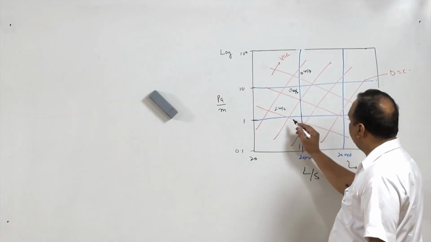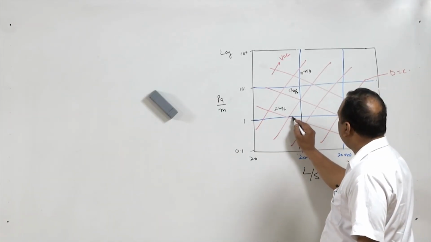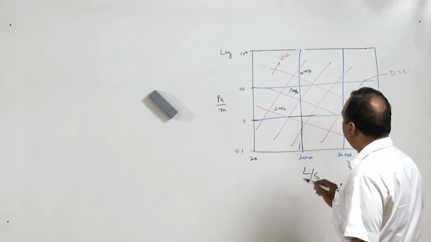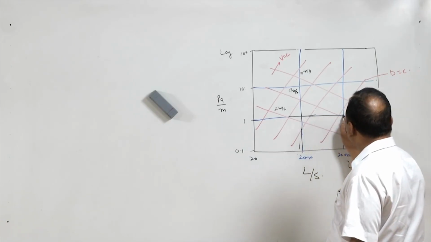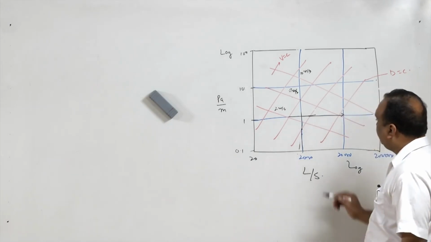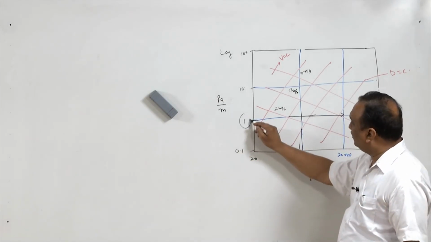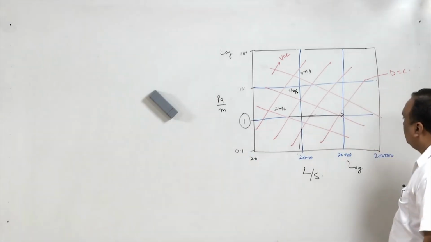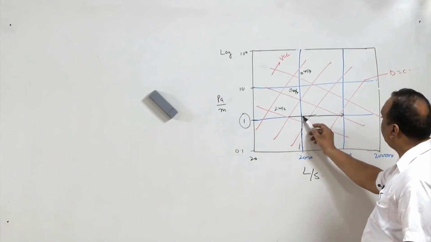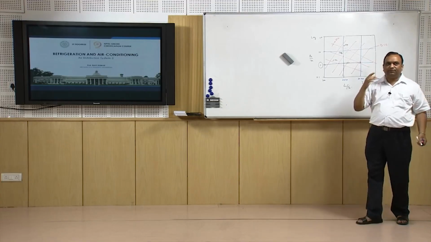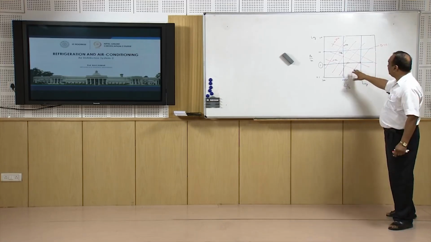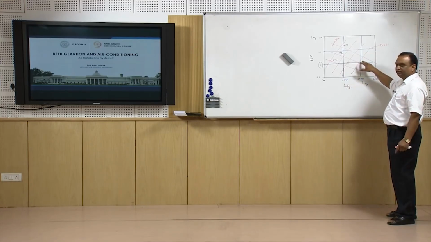Now if I am moving in a horizontal direction, starting from 2000 LPM towards 20,000 LPM, in that case duct friction is remaining constant, but at the same time duct diameter is increasing. That is obvious. For same friction loss, if I want to have more discharge, definitely the duct diameter will increase.